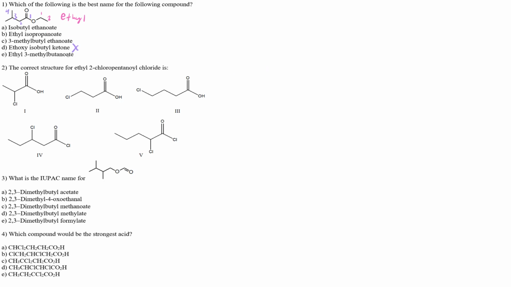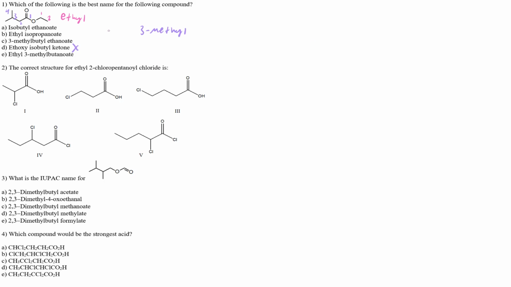But let's see here. We have 1, 2, 3, 4, so 4 carbons mean that it's butane. On the third carbon, there's a methyl. So for my third carbon, I'm going to have 3-methyl. That's kind of like our base, so 3-methyl is what we're going to add.